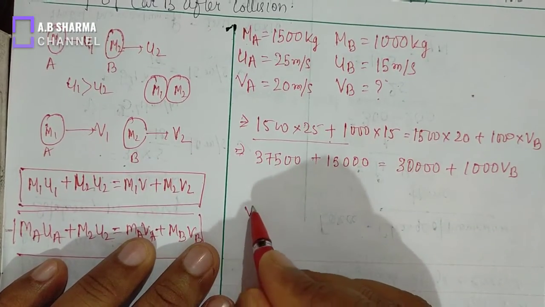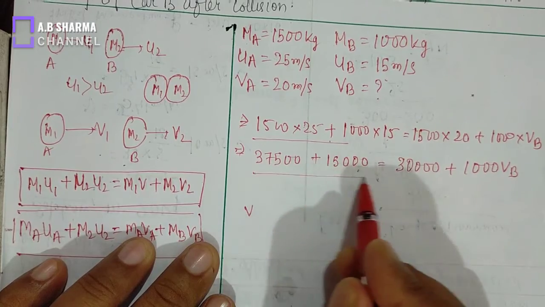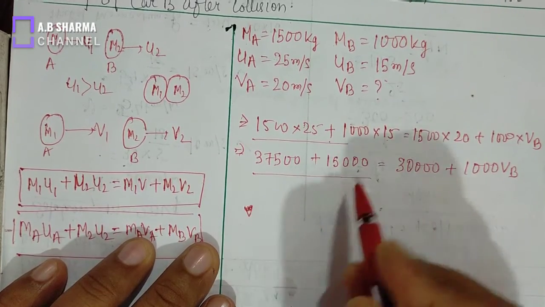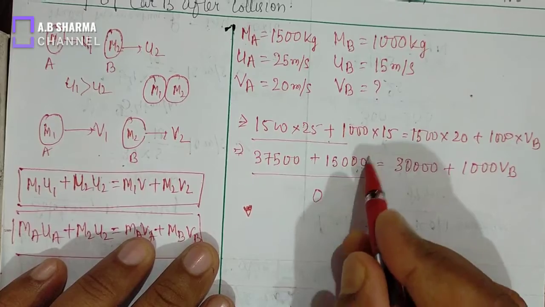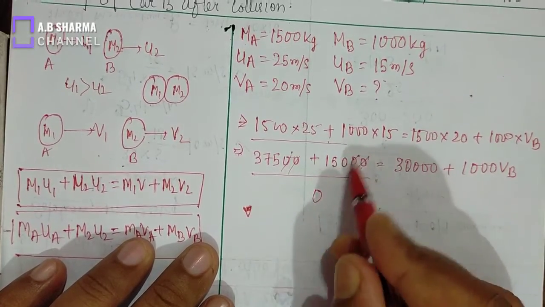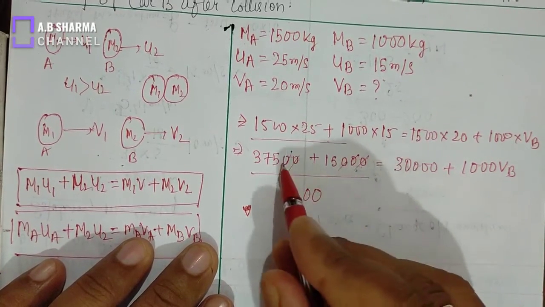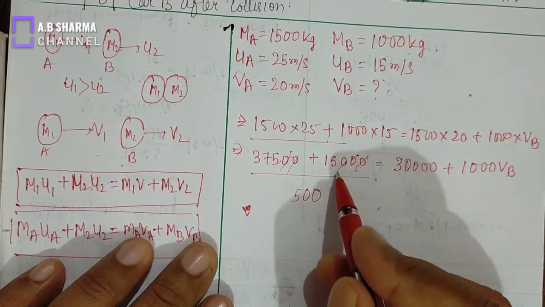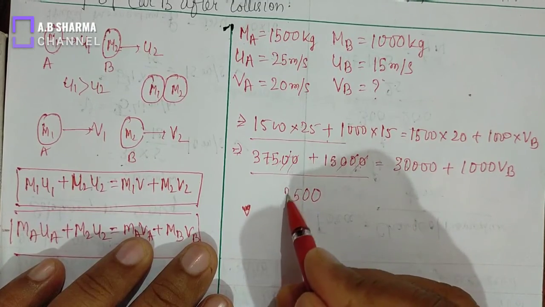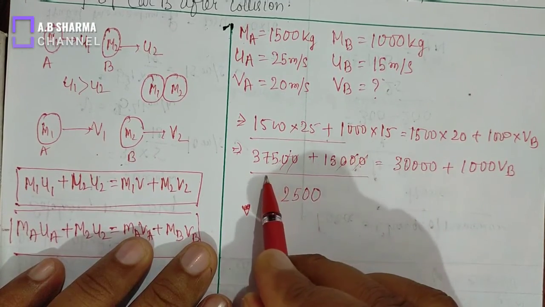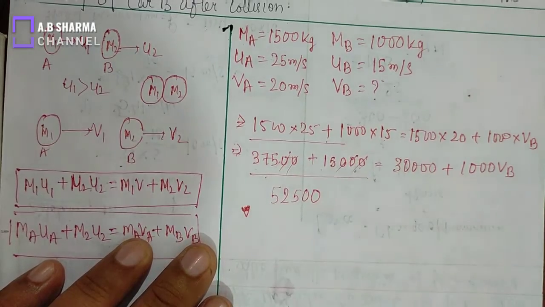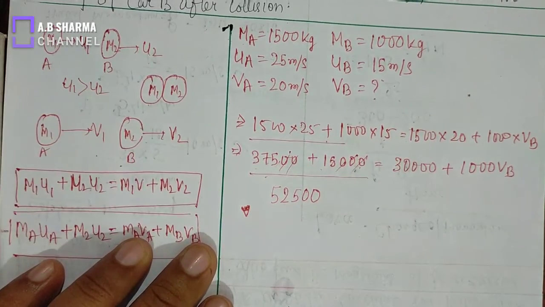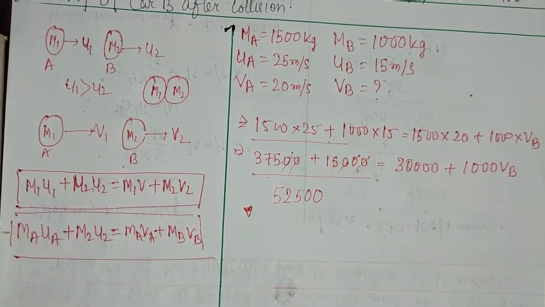So VB equals, now first solve this: 37500 plus 15000 gives 52,500.